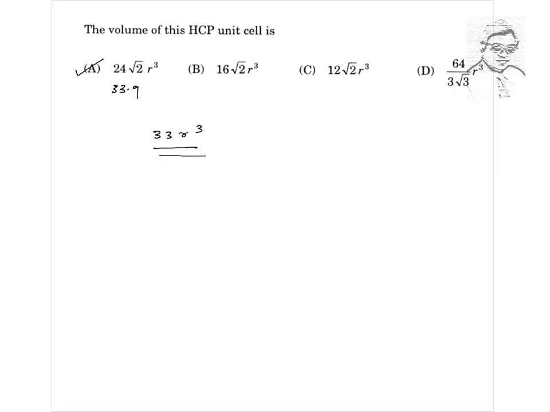Then 16√2, that is way off, you can reject that. 22 point something. 12√2 will be way off, you can reject that. 64/3√3, even that is quite a distance away, 12.3 something.